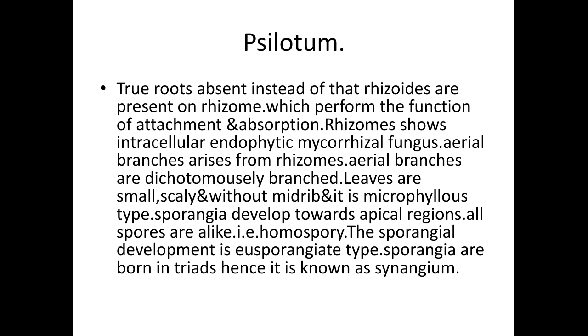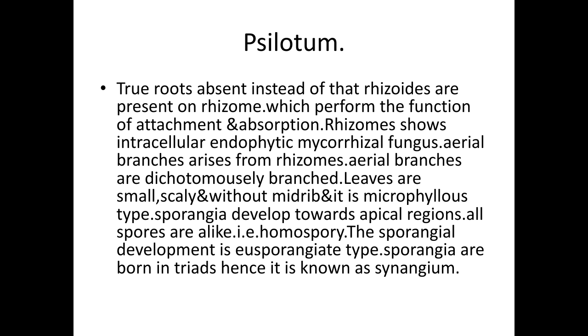The rhizome shows an intracellular endophytic mycorrhizal fungus. Aerial branches arise from the rhizome, and aerial branches are dichotomously branched. The leaves are small, scale-like, without midrib, and microphyllous in nature.